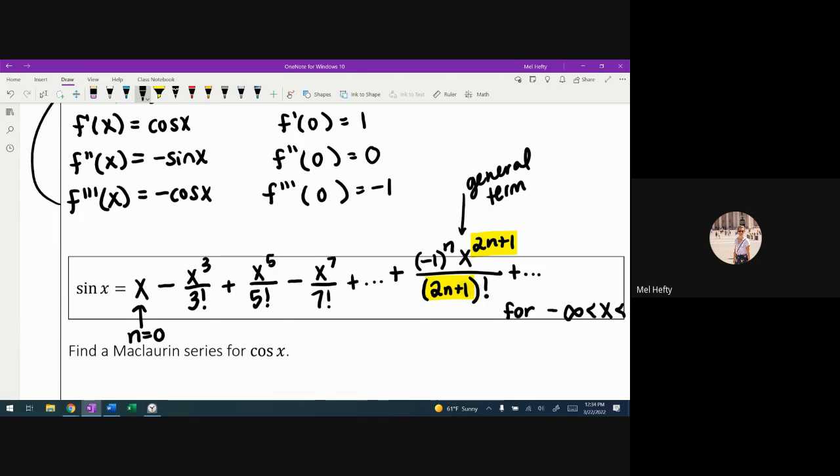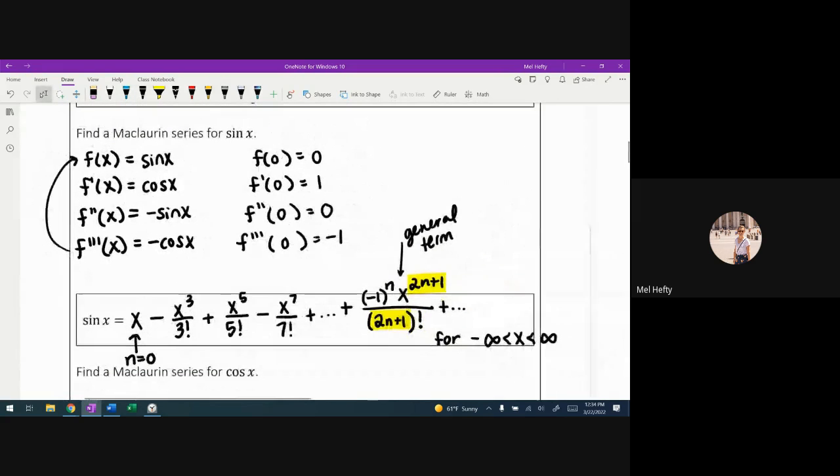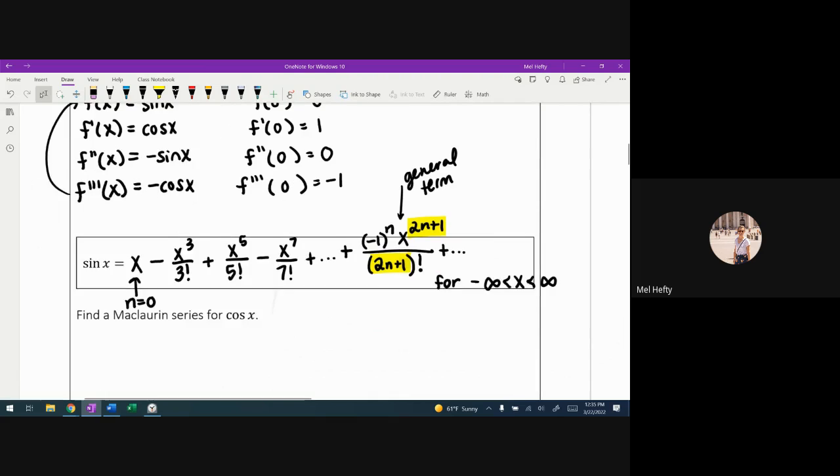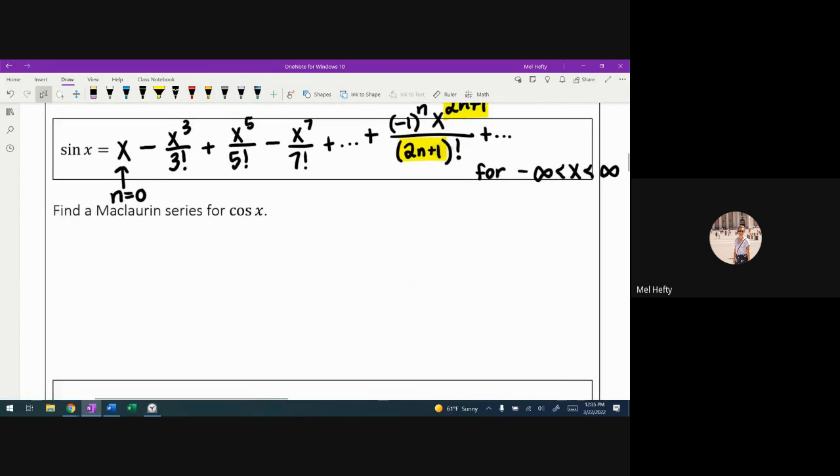Can anyone think of a calculus way to get from sine to cosine? Take a derivative. Beautiful idea. Well, aren't polynomials really easy to take derivatives of? Like x, x cubed, x to the 5th, those are super easy to take the derivative of. This is a legal thing I can do. So let's see if we can do it.